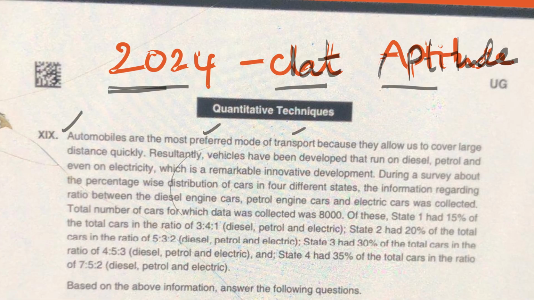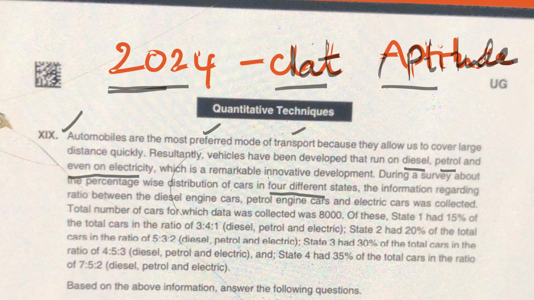Vehicles have been developed that run on diesel, petrol, and also even on electricity, which is a remarkable and innovative development. A survey was done about the percentage-wise distribution of cars in four different states.